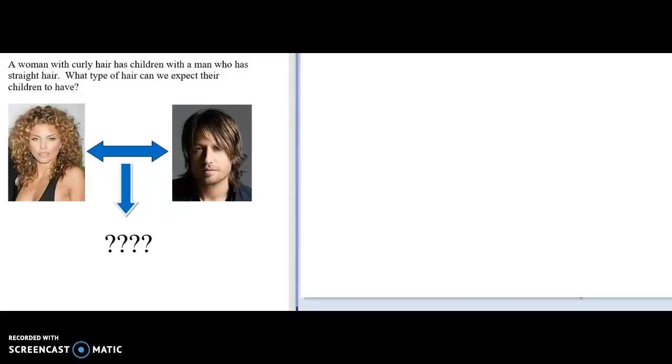Okay, so here is our last type of genetic problem that I want you guys to be comfortable with. This is what is called incomplete dominance. Okay, so with an incomplete dominance scenario, incomplete dominance is when you have one trait but you have three variations.